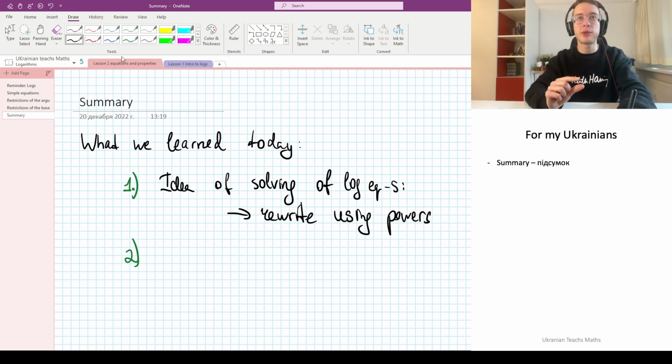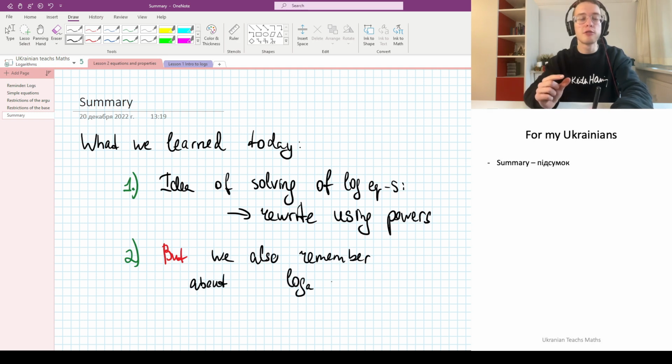The second thing we learned is that we do exactly what we do in the first step, but we also remember about restrictions of log a b.